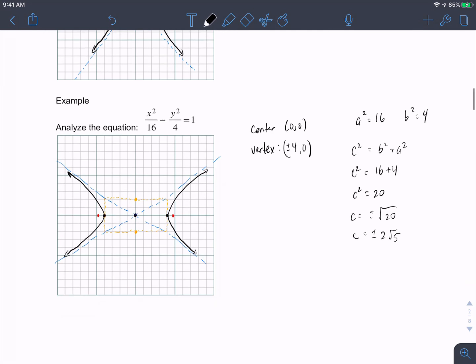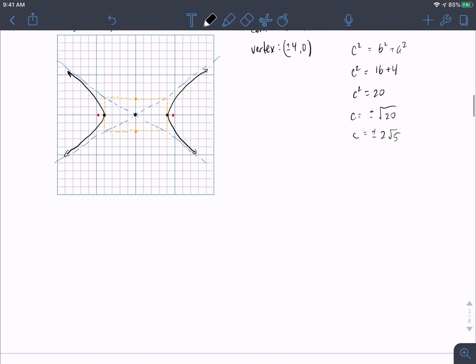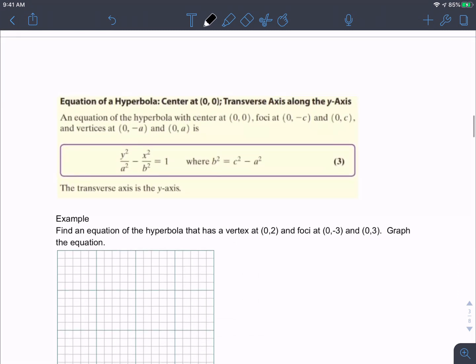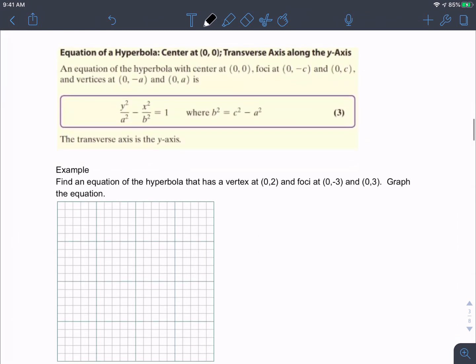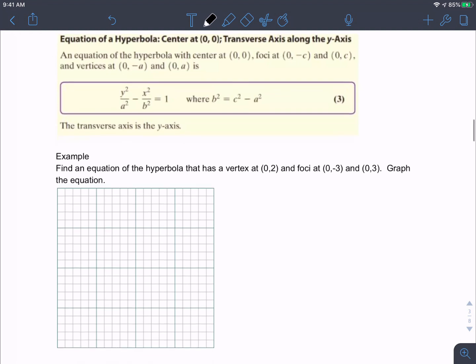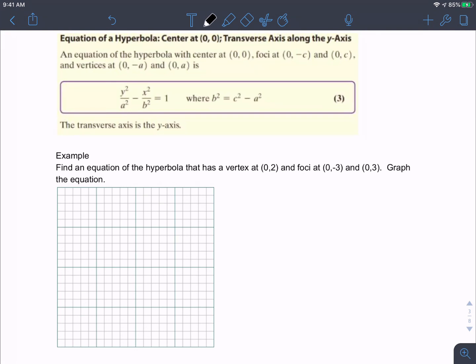Right. Let me do another example for you, but this time let's make the transverse axis along the y-axis. And so instead of opening right and left, this is going to open up and down. Again, we know that C correlates to the foci, so C here is 3.